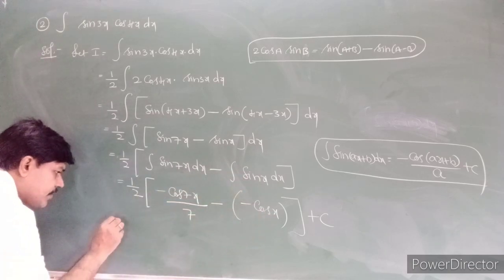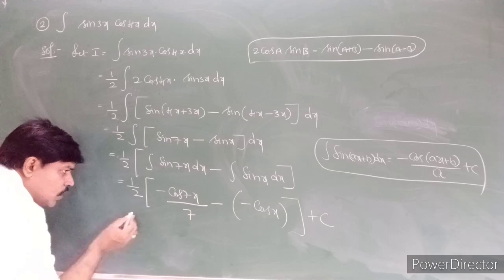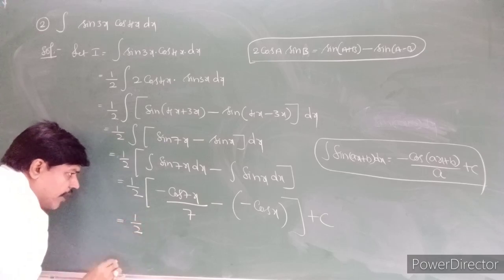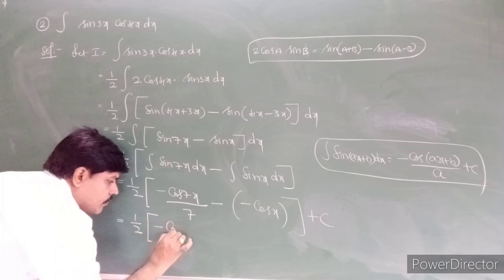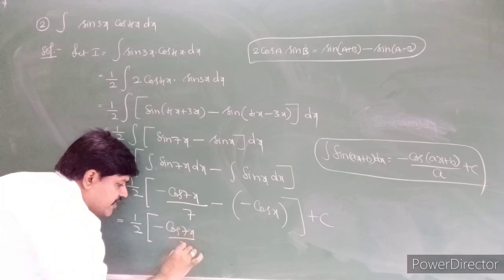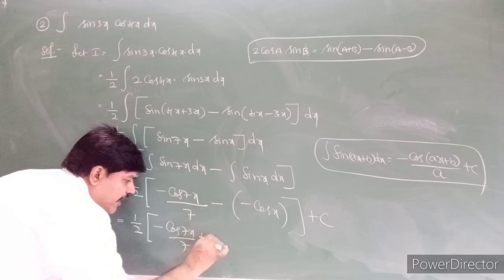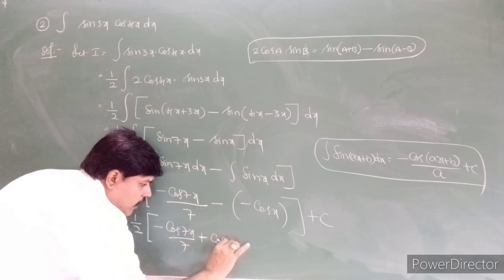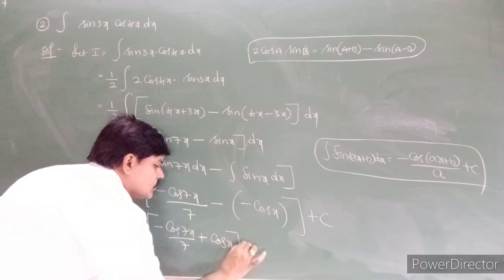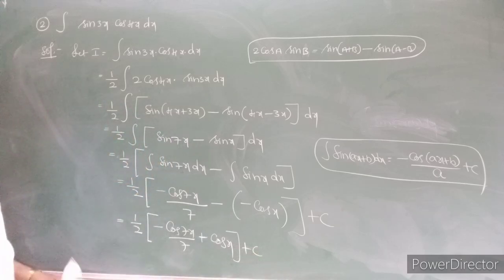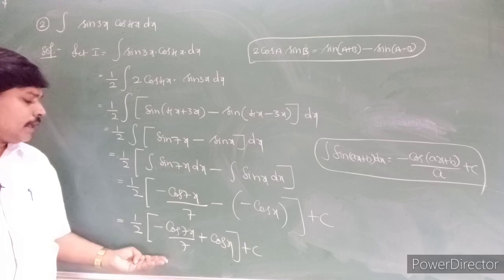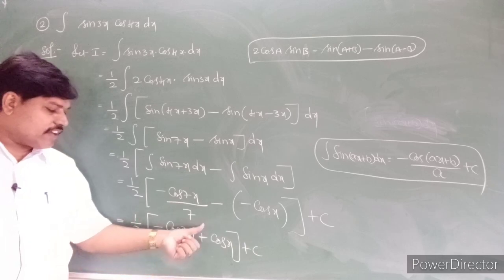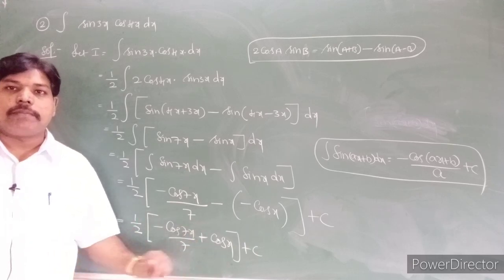So that is equal to 1 by 2 into minus cos 7x by 7 minus of minus, plus cos x plus c. So the value is 1 by 2 into minus cos 7x by 7 plus cos x plus c.